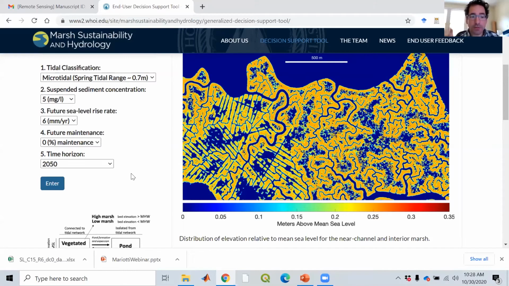The ponds are going to keep expanding, whether or not you do ditching. In general, ditching for the ponds is only beneficial if there is enough sediment, because the ditches facilitate the transfer of sediment and the recovery of the ponds. But if the system is such that ponds don't want to recover, because there is not enough sediment supply, the ditches are not going to help. If anything, they will do worse because they will cause more subsidence by draining the marsh even more.